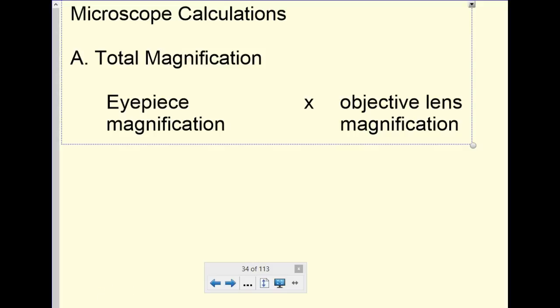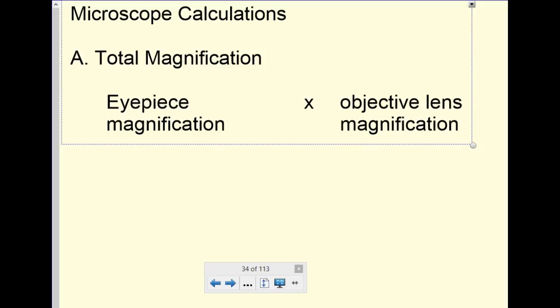The 2 numbers that we need to find on the microscope in order to do total magnification are the eyepiece magnification that you look through, and the objective lens magnification, which is down here. Usually, the numbers are followed by an X, so that literally translates as 10 times.